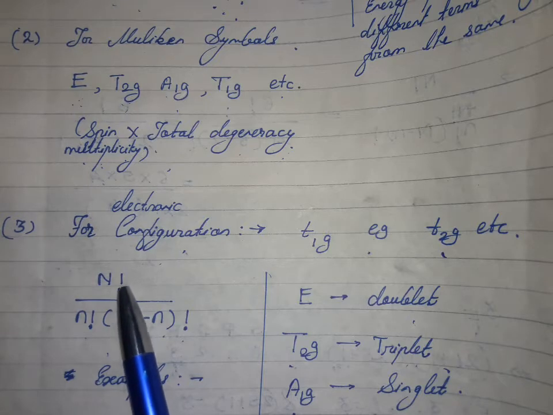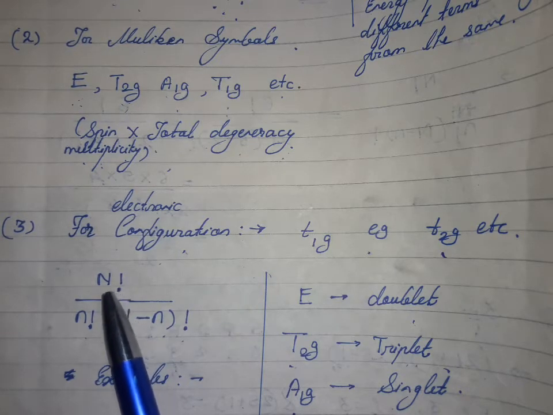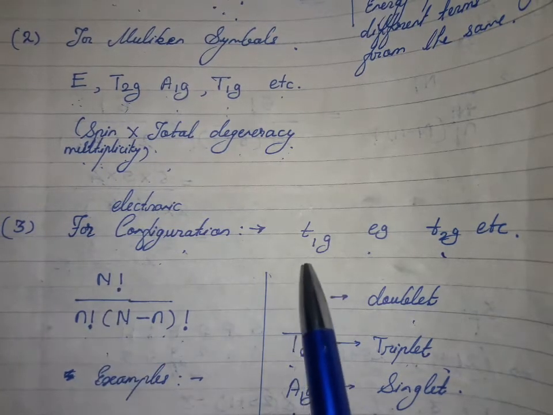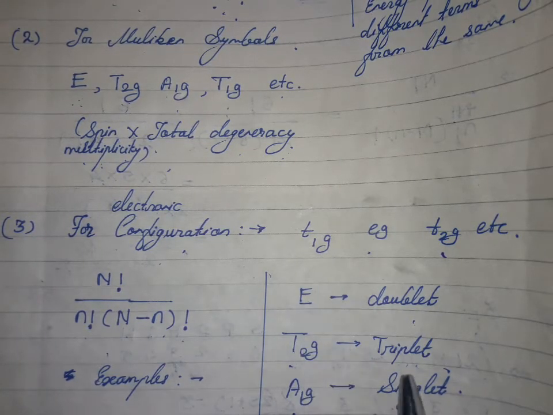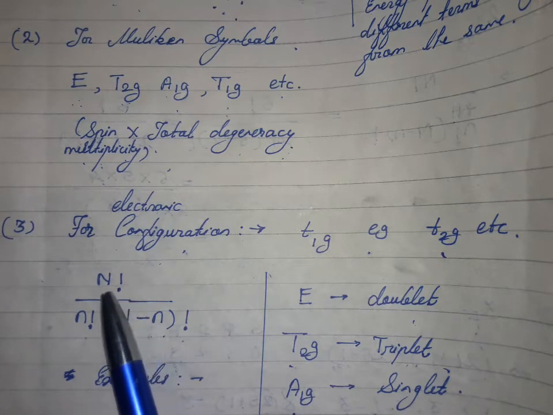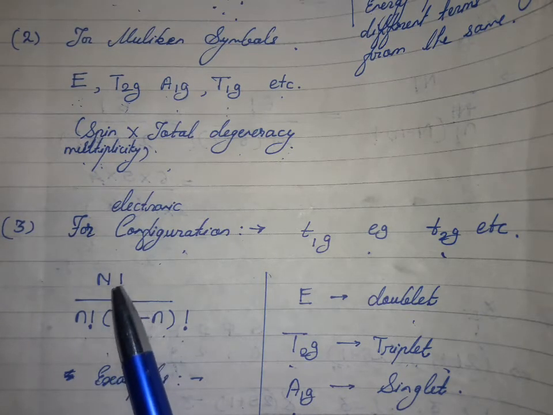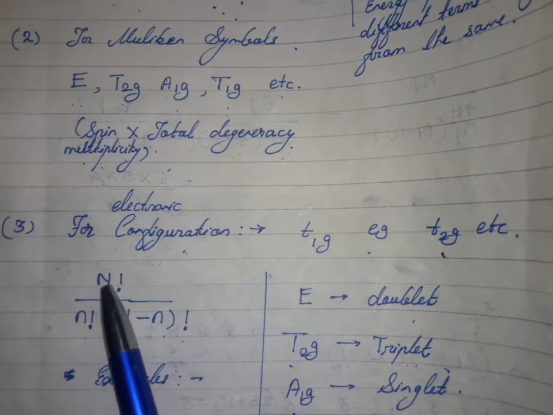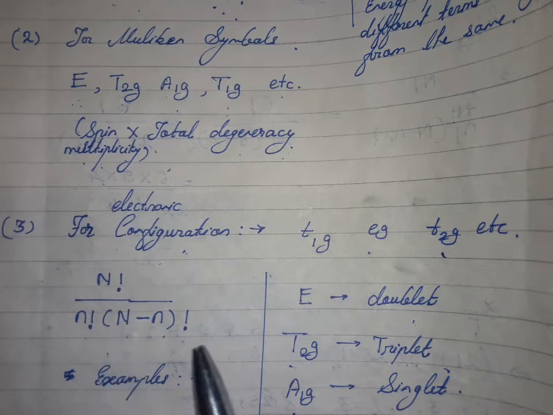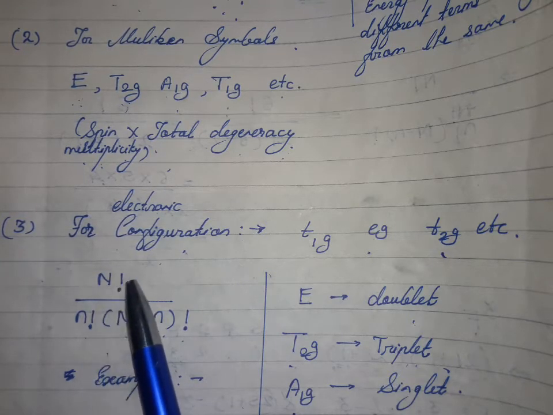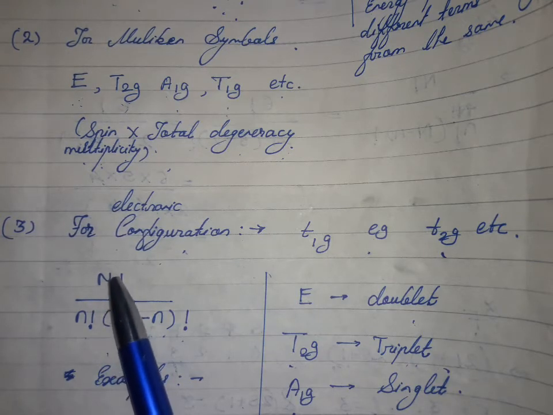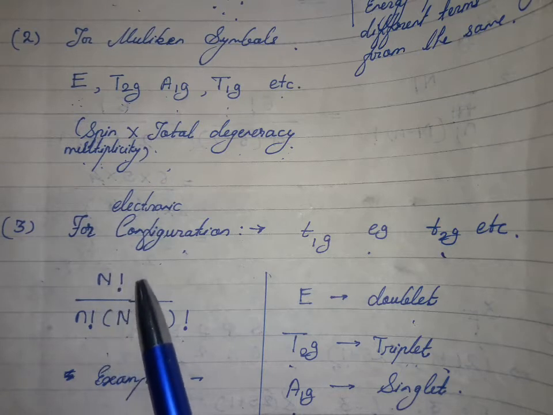What is the meaning of capital N? If a T1G term is there, it is a triplet, and capital N is the capacity of the orbitals to carry the total number of electrons. That's why for a triplet it is 6, for a doublet it is 4, and for a singlet it is 2. So the N value is different for doublet, triplet and singlet.